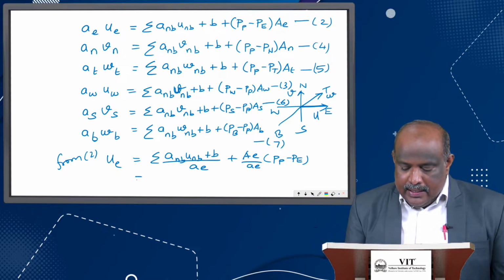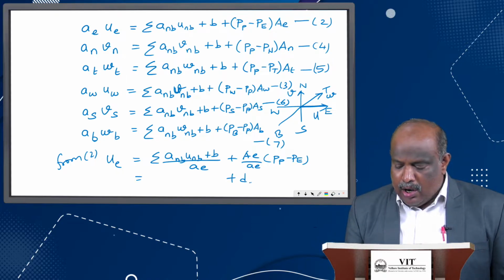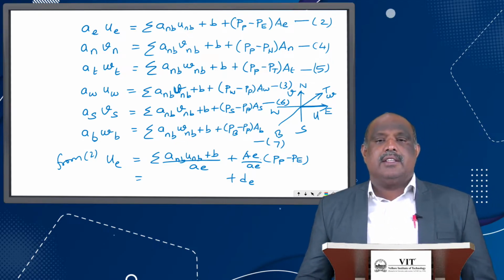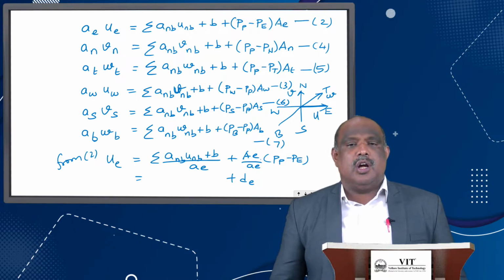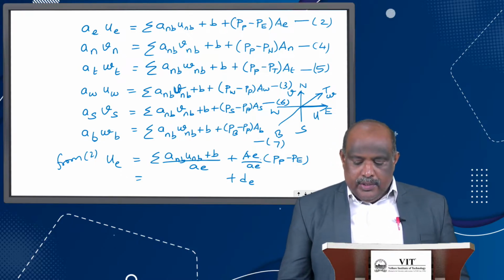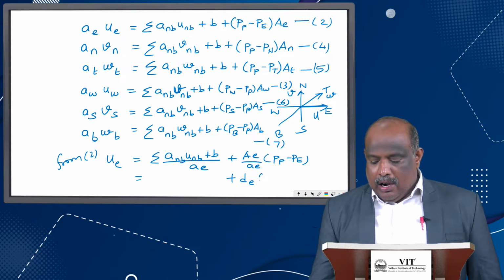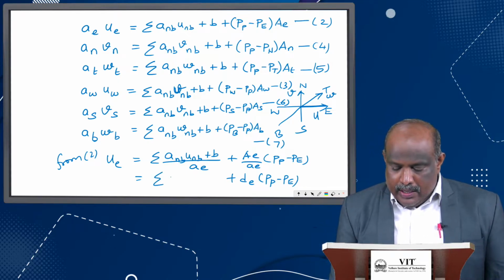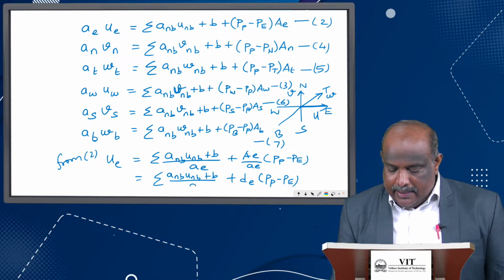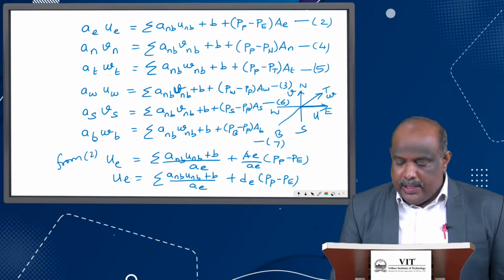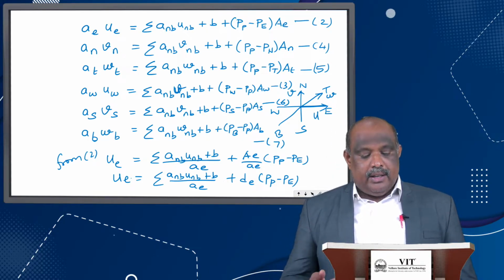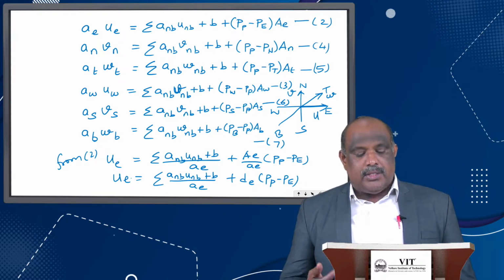Generally this term is given as de in all conventional textbooks, so we also go with this. The area is a constant, and this small a is a coefficient, also a constant, so constant by constant is another constant which we indicate as d. So de of pp minus pe, and here anb unb plus b by ae. This is nothing but my ue. Similarly I can obtain uw, vn, vs, wt as well as wb.